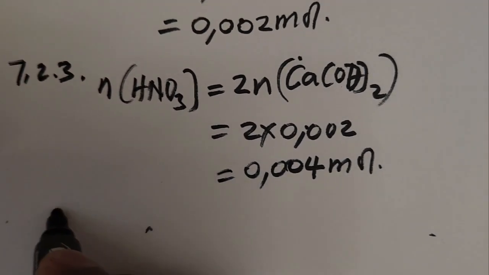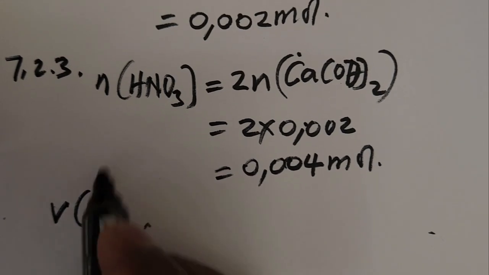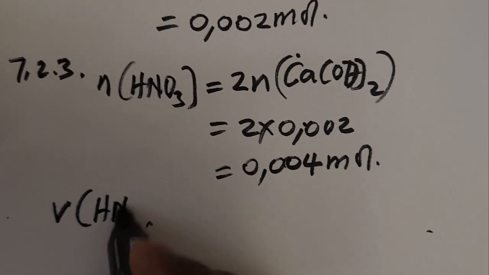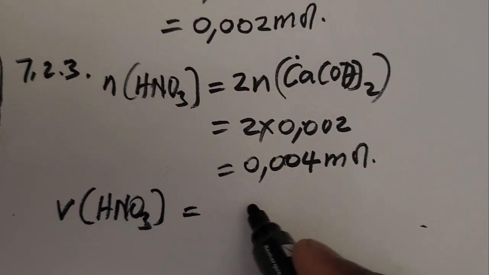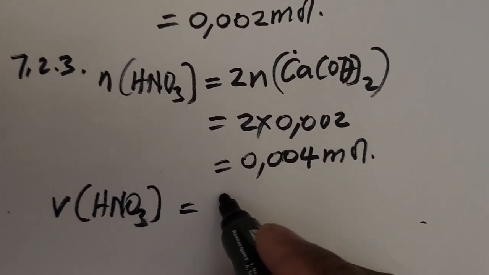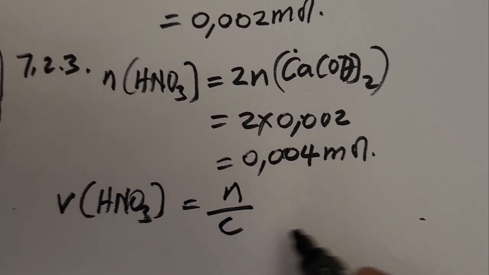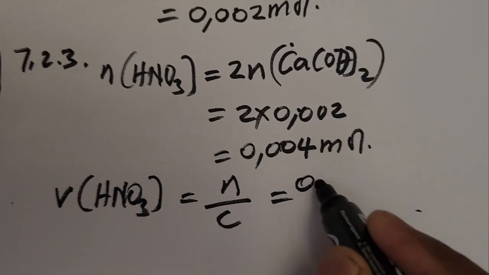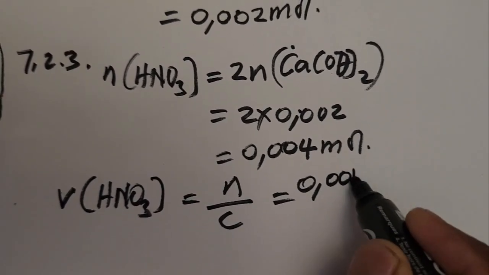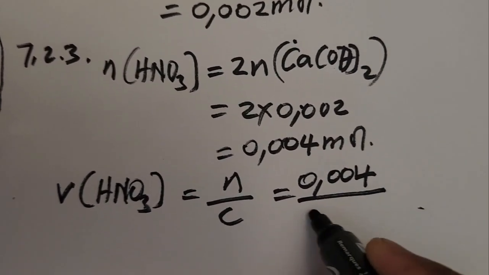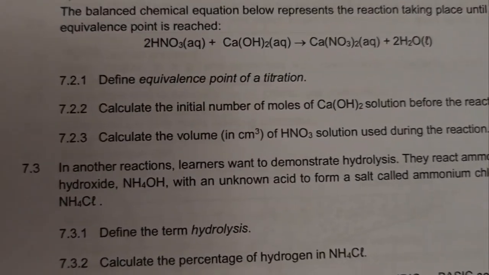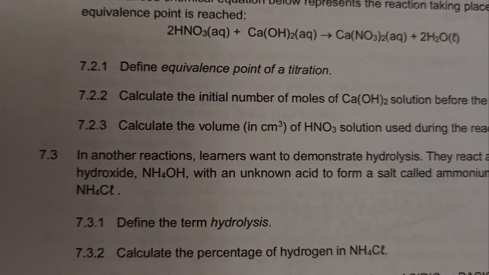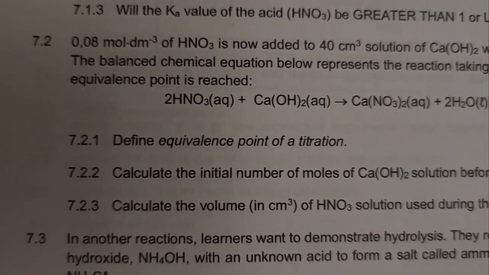But we don't need mole, we need the volume. Therefore, you just tell the examiner, find the volume of nitric acid from the formula C equals n over V. The volume will be the number of mole divided by concentration, which is 0.004 divided by the concentration, according to this one, 0.08.